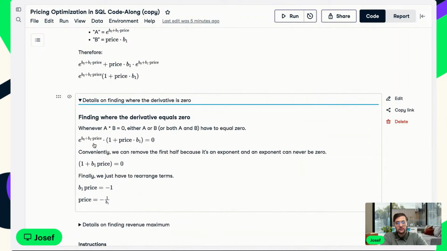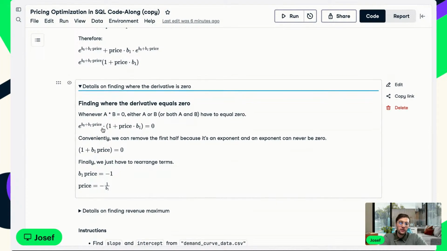And now what's interesting is you want to set the derivative to 0, because that's where the slope stops going up and starts coming down. There's a moment where the derivative is at 0, and that's the top. So you have e raised to the expression times 1 plus price times beta 1 equals 0. Well, this is an exponent, so it can never be 0.